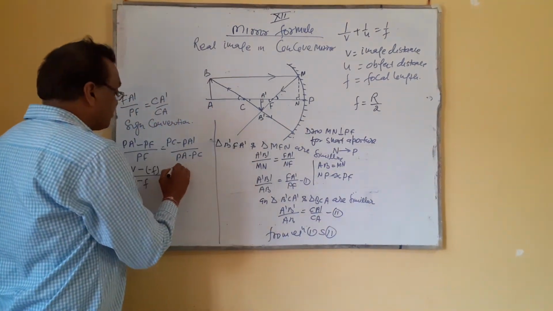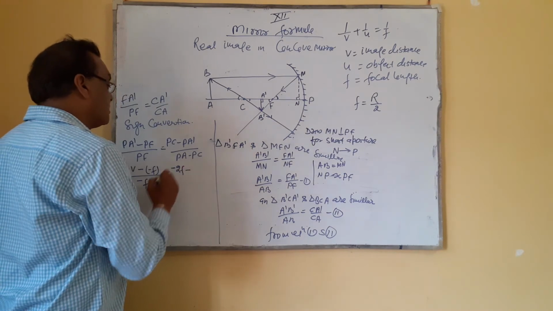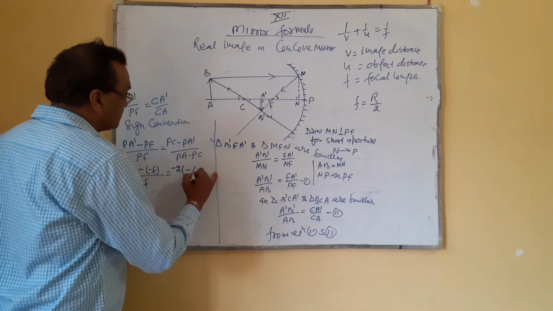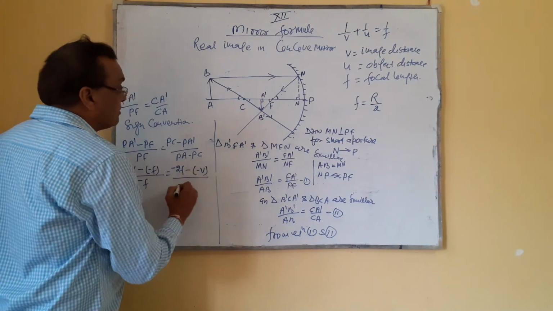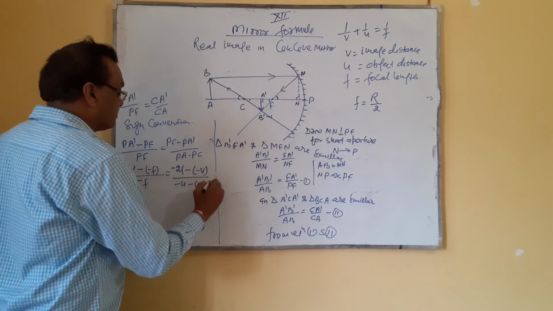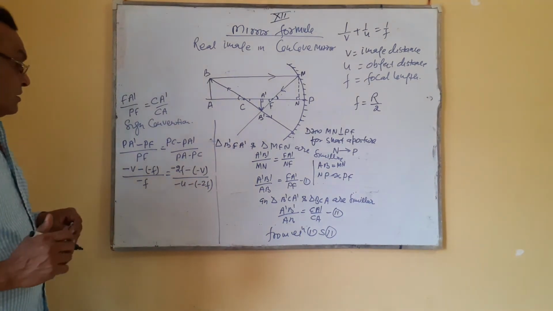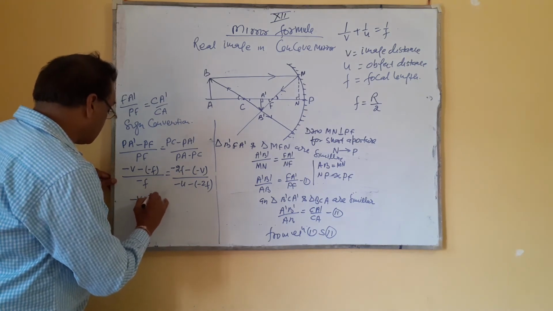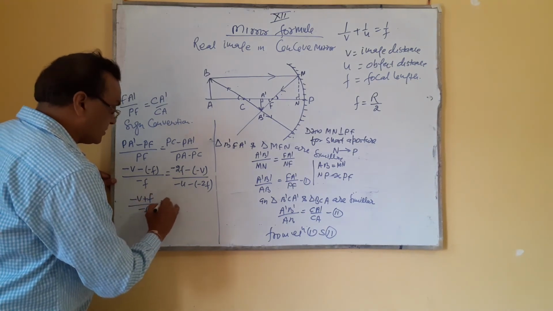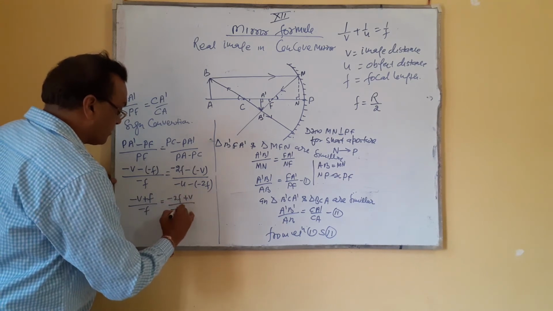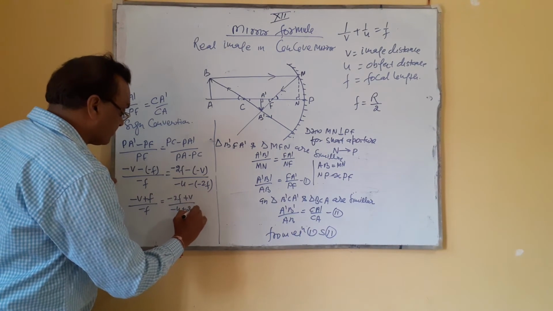So we can write minus 2f. PA' is the image distance, so that will be minus v, PA is minus u, and PC again is minus 2f. So what will it be? See there: minus v plus f upon minus f is equal to minus 2f plus v upon minus u plus 2f.